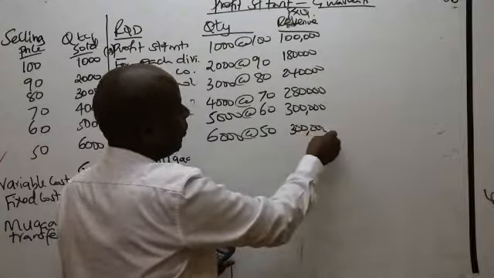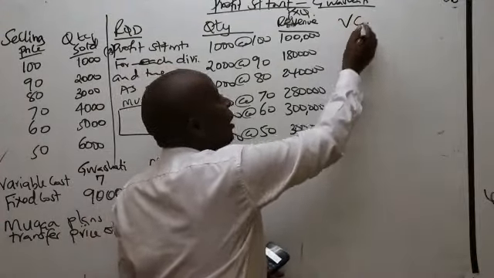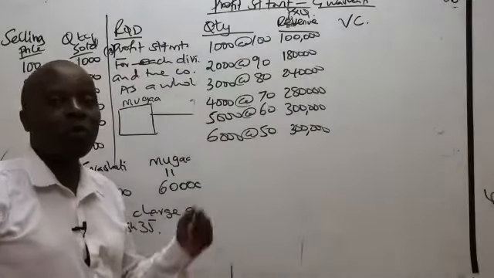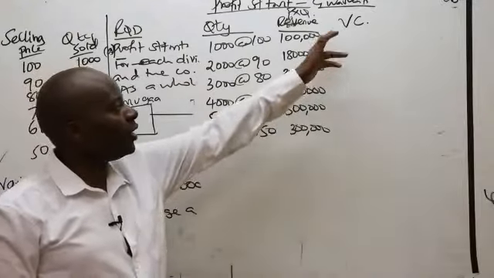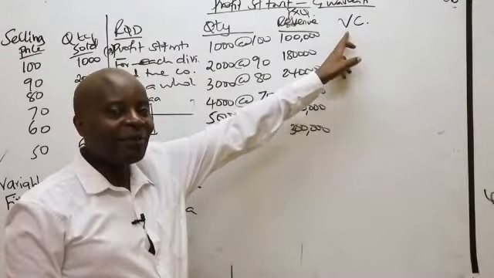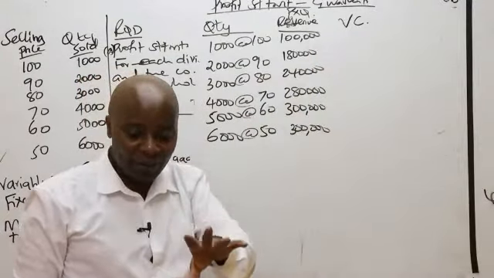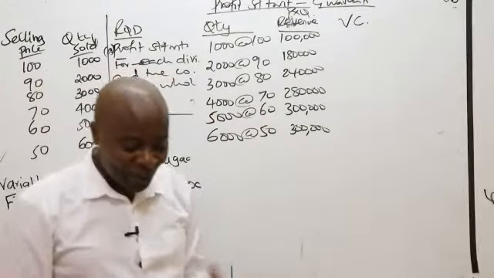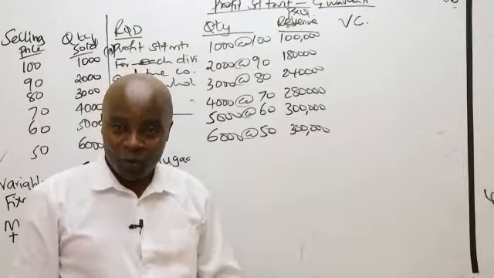Now, ladies and gentlemen, I would want somebody to come and give me the variable cost of Washati. The moment you give me the total variable cost of the first scenario, we buy you breakfast in the morning. Given technology and M-Pesa, this breakfast can be bought very easily right away from here.